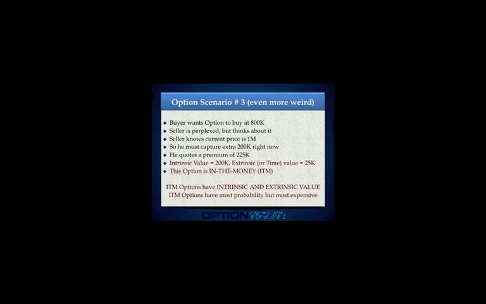And any value that's left over after the intrinsic value is the extrinsic value of that option. So in our case, if the buyer paid $225,000 for this option, the extrinsic value of this option is $25,000 and its intrinsic value is $200,000.